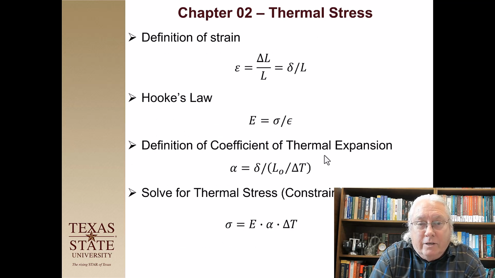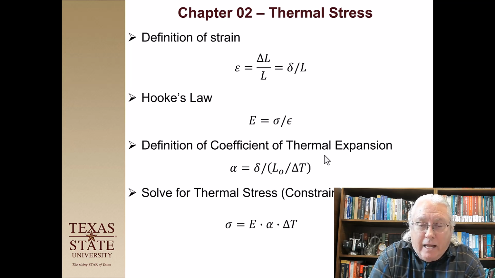So we can start off with our normal definition of strain, change in length over length. We'll put in Hooke's law, and then we use the equation from the last sheet, and we can work our way down to the bottom. This is just algebra going from the top to the bottom.